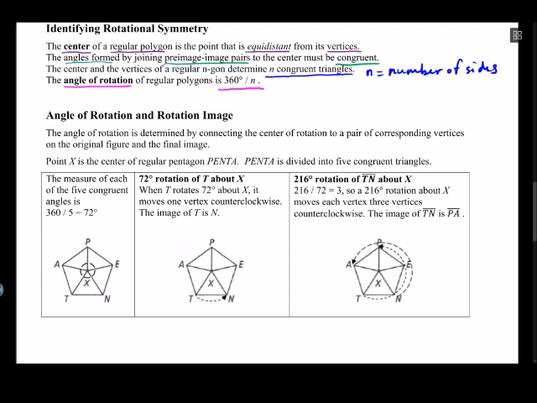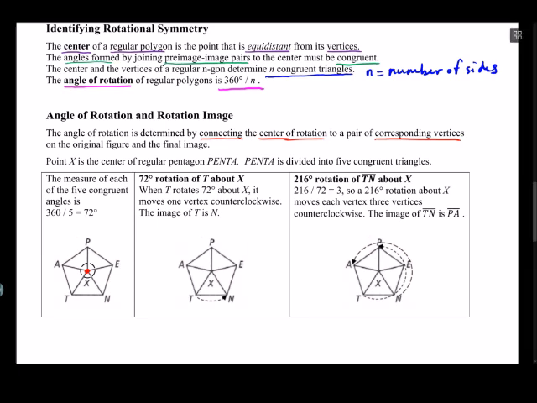Our angle of rotation is determined by connecting the center of rotation, it's right here in the center of our pentagon, with corresponding vertices.